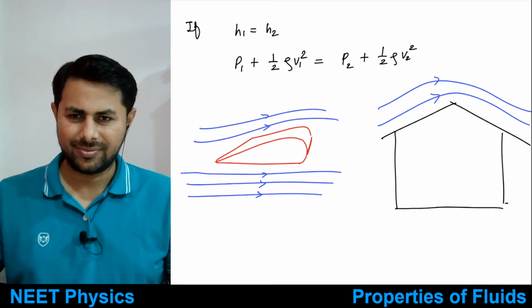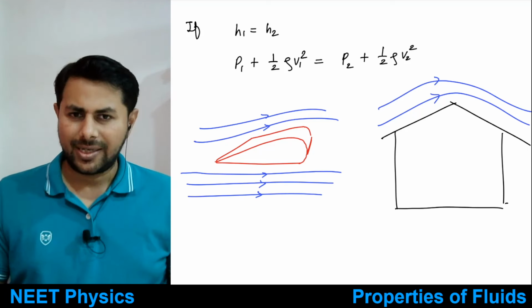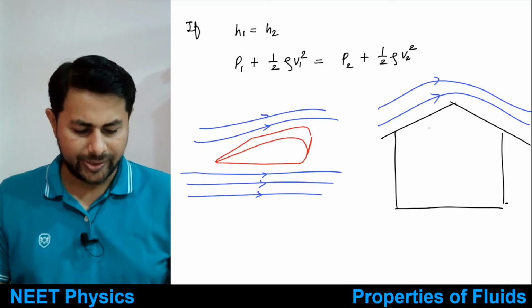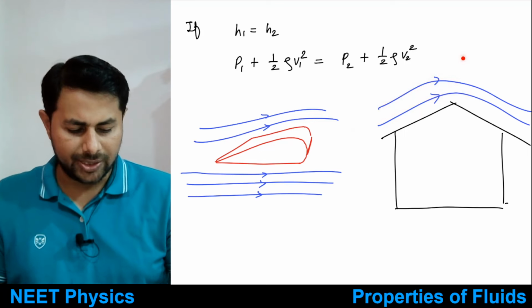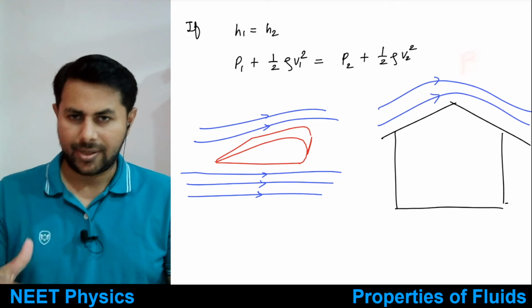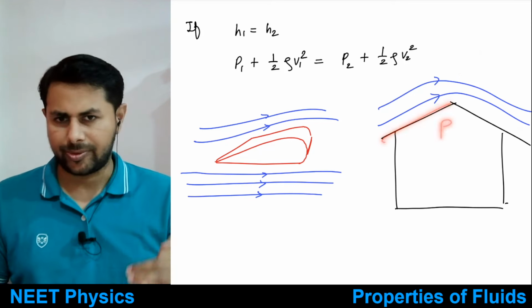Why does that happen? It happens because, again, there would be some pressure of the air above the roof and some pressure of the air below the roof.